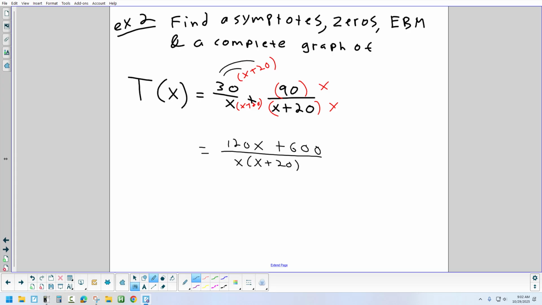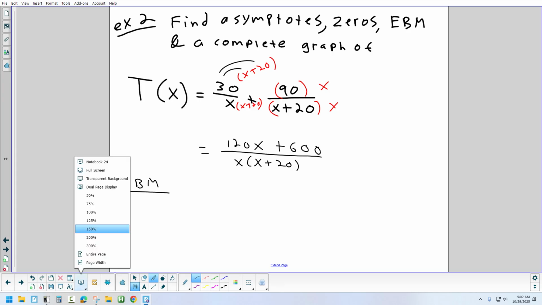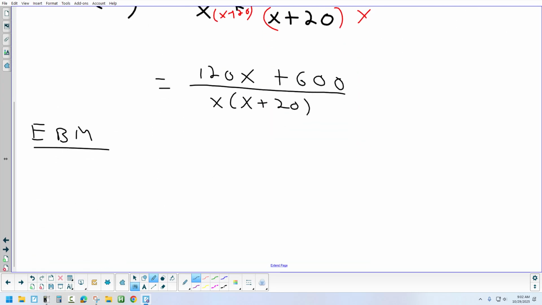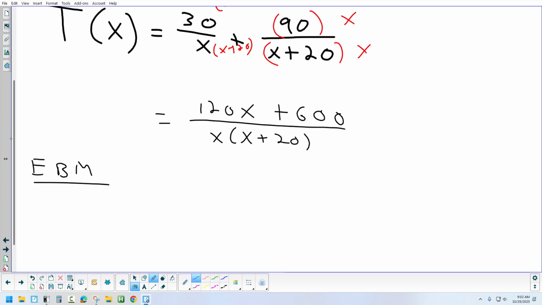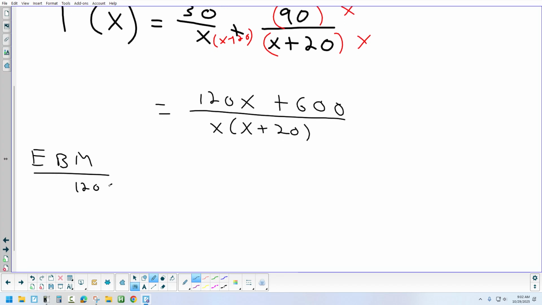Okay, so now we at least have it all together, so that might help us to do some things. Let's do the EBM first. That's usually an easy one. What's the highest degree term in the top? 120x.